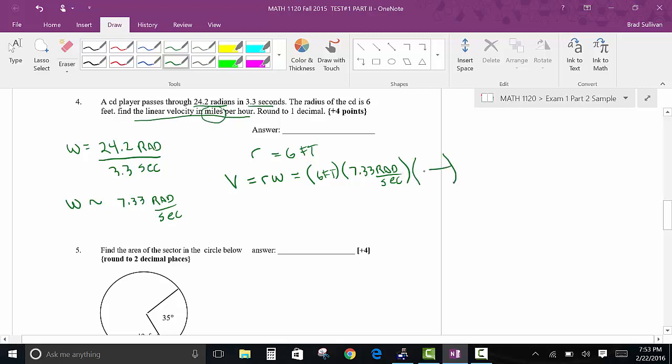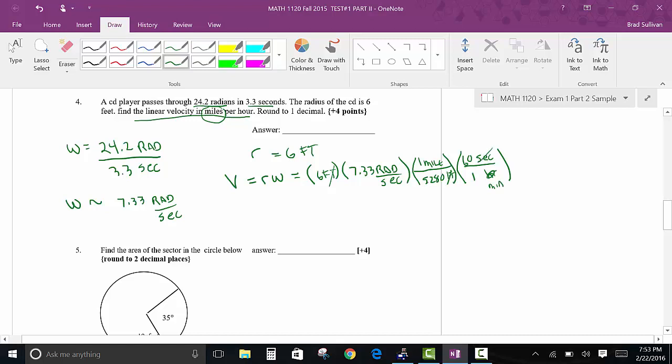If we want feet to go away, we know that there's 5,280 feet that make up 1 mile, so that will be a unit that crosses out. And then we want seconds to go away, and we want to convert that to hours. So we can do seconds in the numerator, hours in the denominator, and the connection is there are 60 seconds that make up 1 minute.